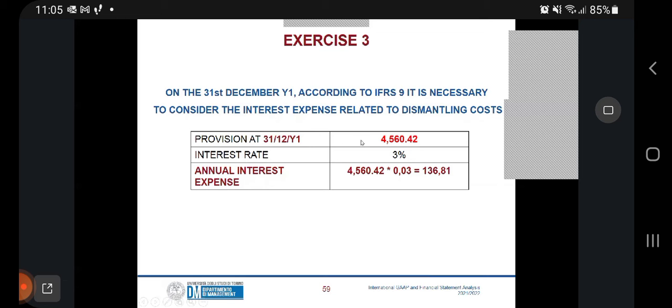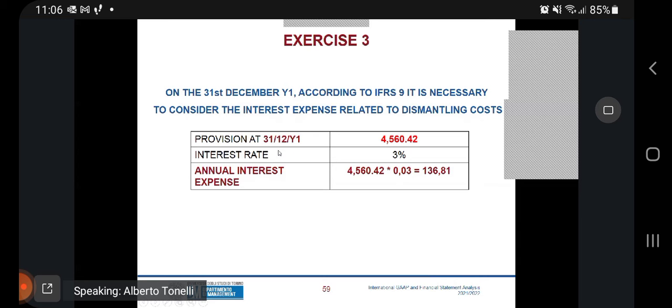The starting point in order to compute the annual interest expense is the provision at the 31st December year 1, before we considered the provision at the 1st July year 1. Now you have to consider the last value of the provision that you can get from the previous balance sheet, the balance sheet of the first year.